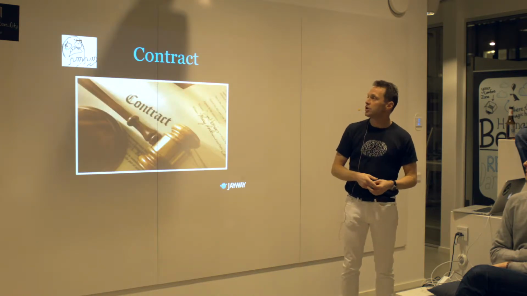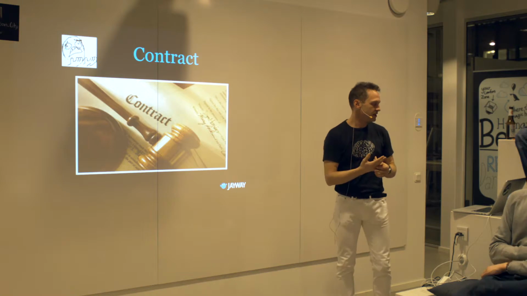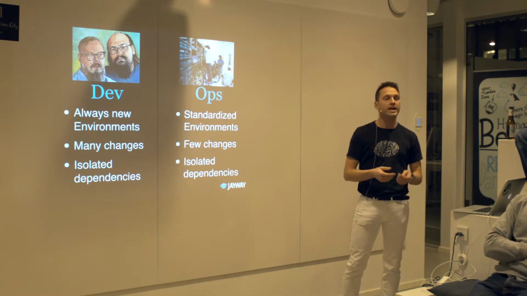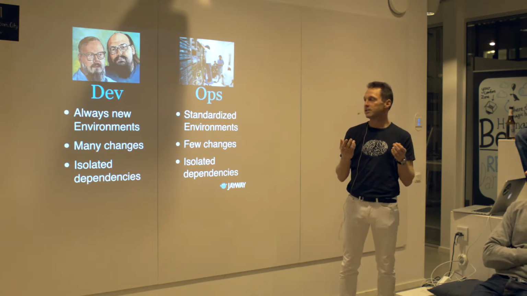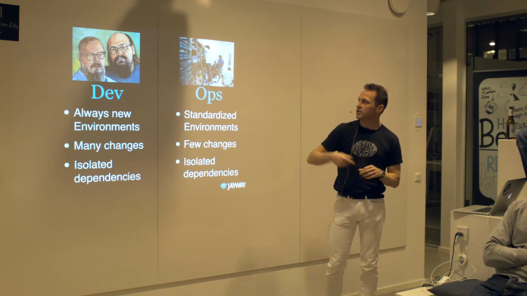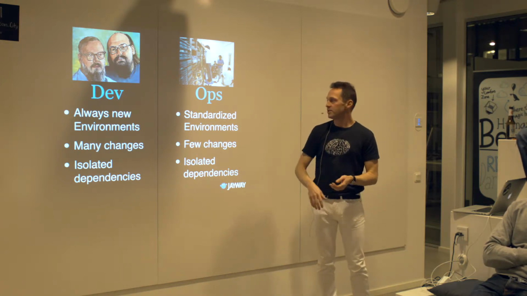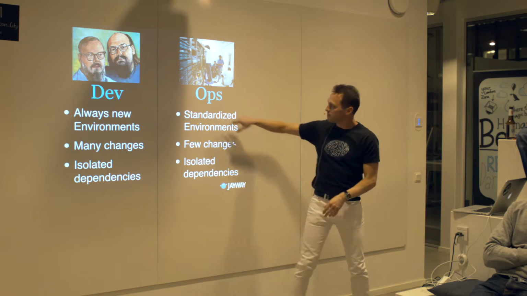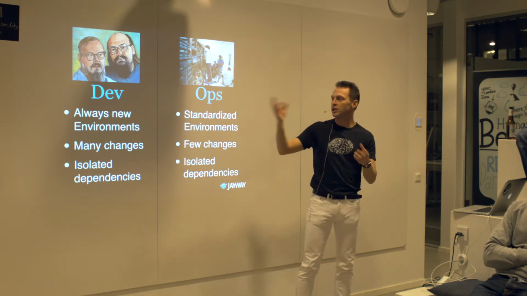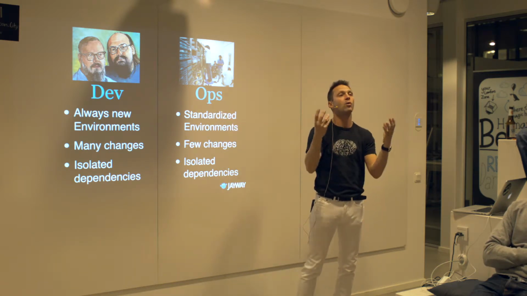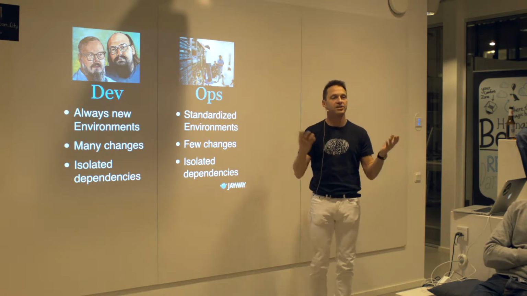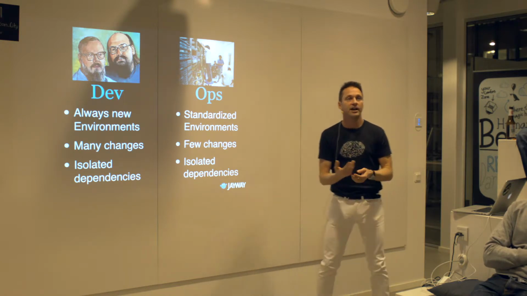But Docker is also a contract, and it's the contract between development and operations. So we as developers, sometimes I'm more working in DevOps, but usually I'm a developer and I always want to use the next new shiny thing.